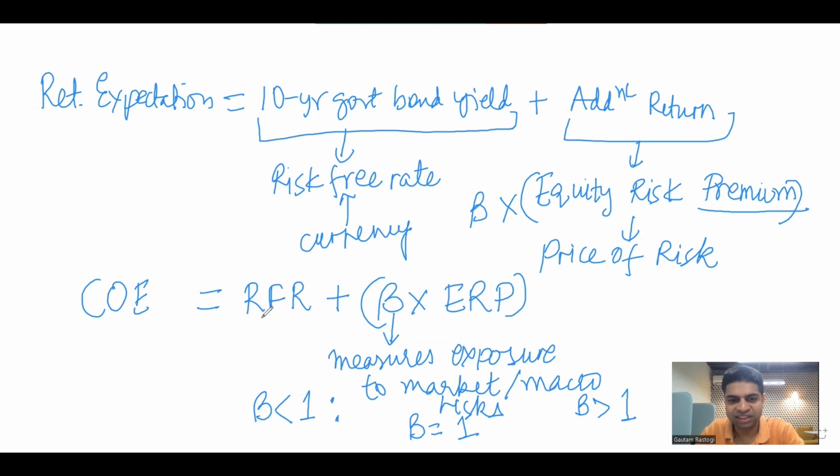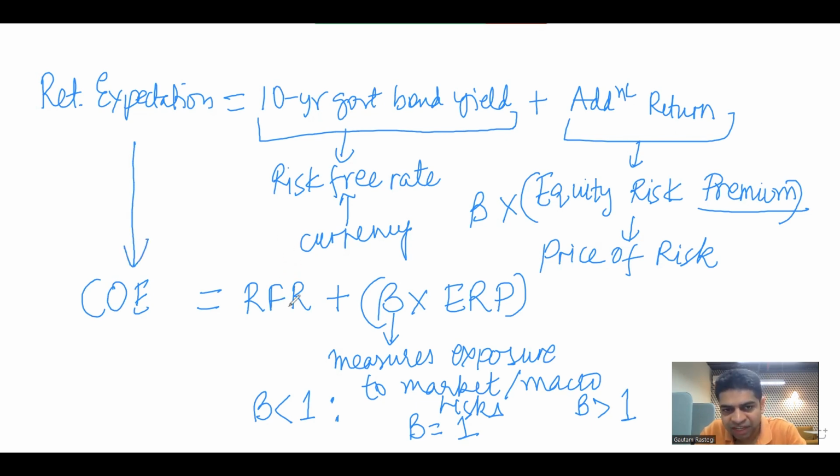In an ideal world, an investor would want to make a higher return, but this is what they need to make to break even, so to speak, on the money that they're putting in. That's why it's called the cost of equity. This return expectation is called the cost of equity.